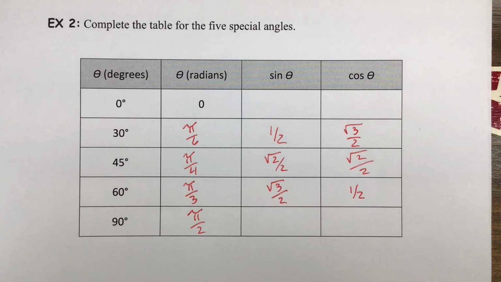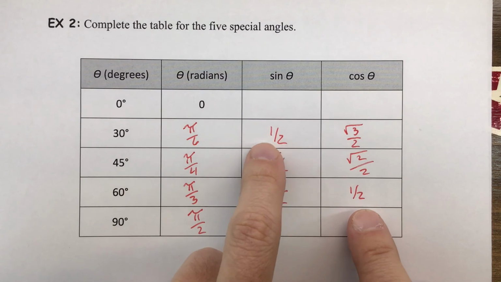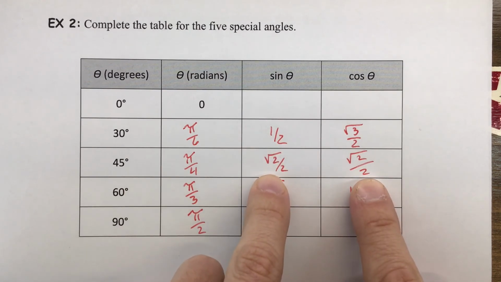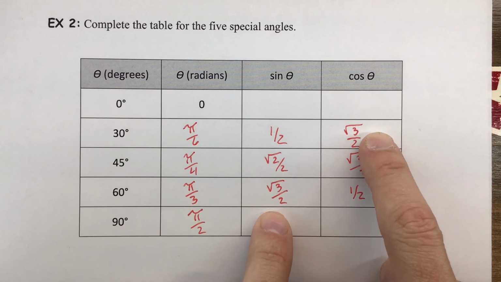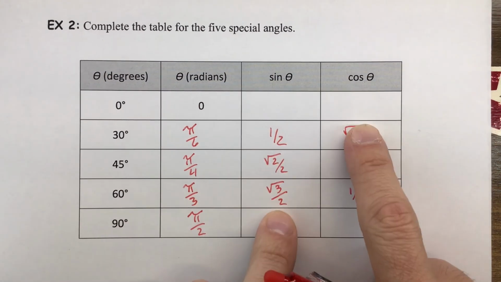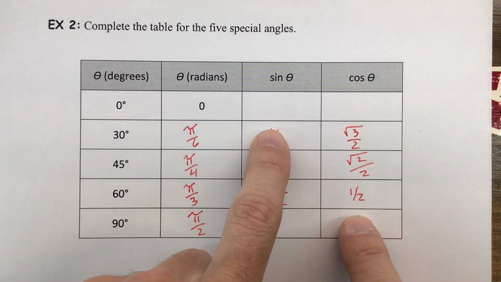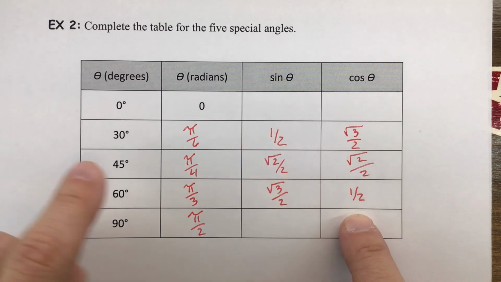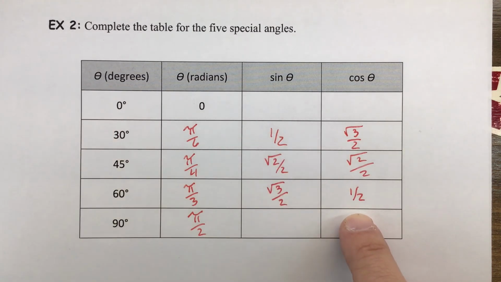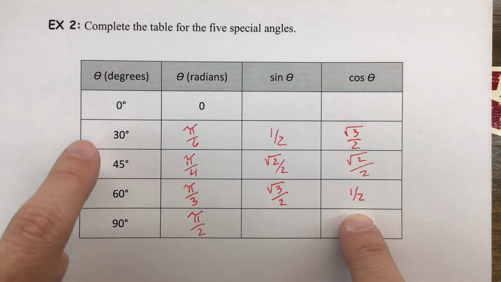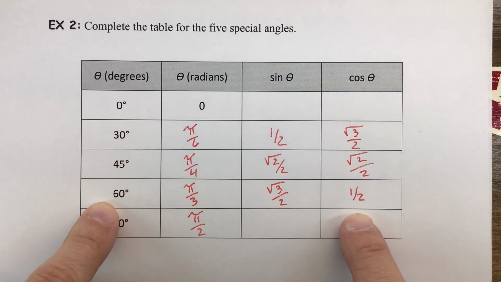So here's an observation that I think is really neat. If you look at the values here, we've got 1/2 here, the same value there, then the square root 3/2 there. They just seem to alternate in their direction. One of the reasons that's true is that these are complements to each other. We haven't really talked about that yet, but it will appear at some point. The 30 and the 60 degrees are complements.